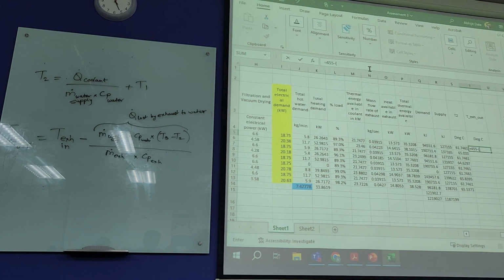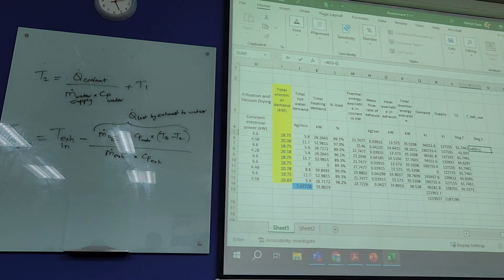Then I wait for it. This one, exhaust up, fine. Exhaust out. The mass flow rate of exhaust is the same, right?